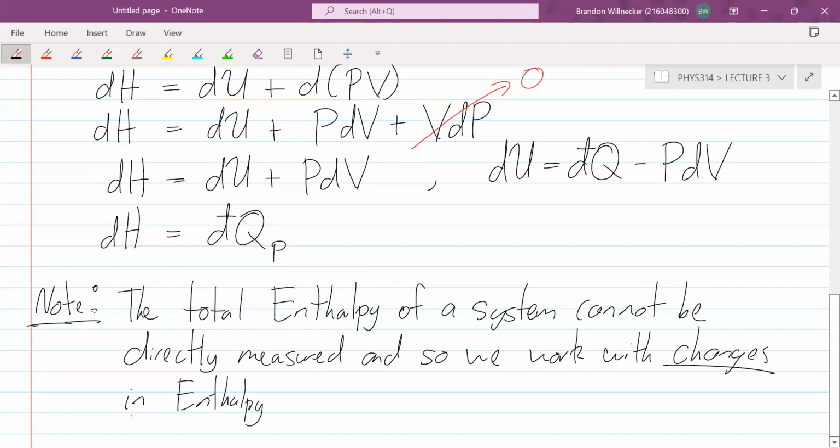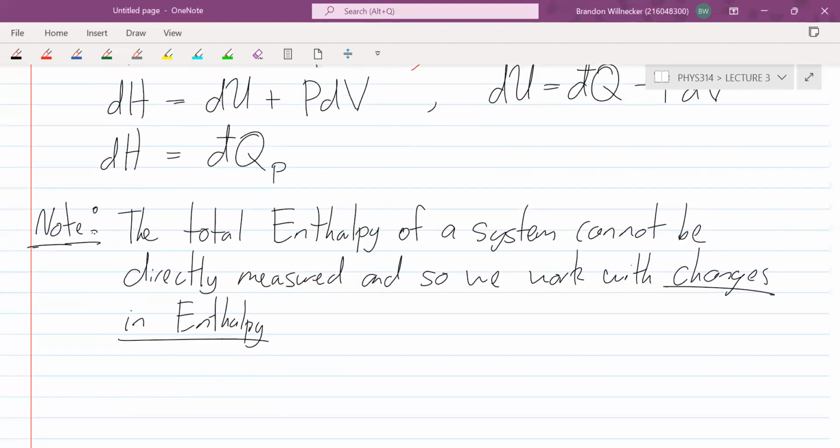We can't work with totals, so instead we work with the changes. Much like with potential energy from first year mechanics, you can't measure the exact potential because you can always shift it up and down by a constant. So instead you work with differences in potential, and across a certain distance, that gives you the force. But directly you can't do that.